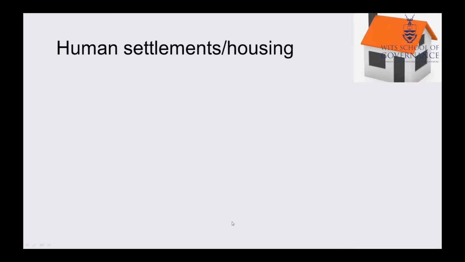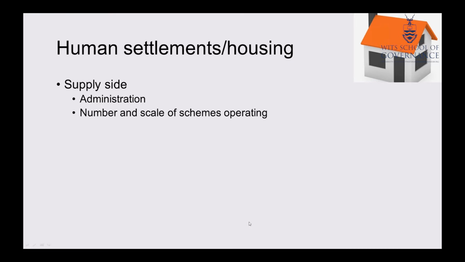Let's look at another kind of department like human settlements, very different to the other ones we've discussed. On the supply side, you would have an administration. It might be affected by the number and scale of schemes that are operating. You've got the benefits that are offered, which might be social housing programs or particular subsidy programs that are in operation.